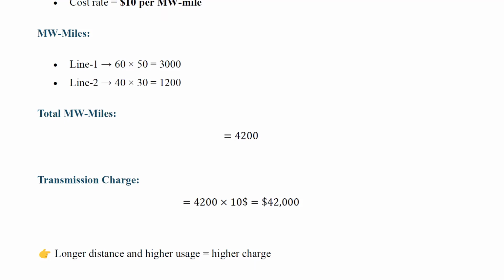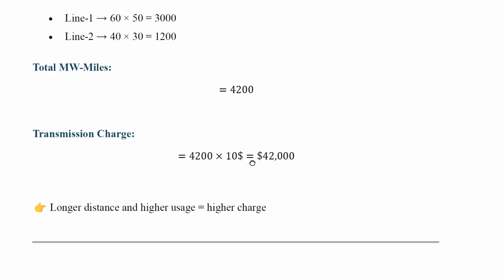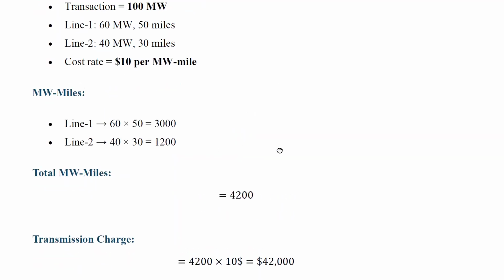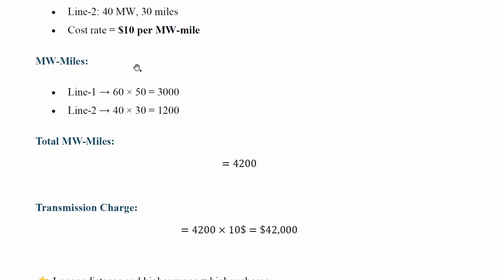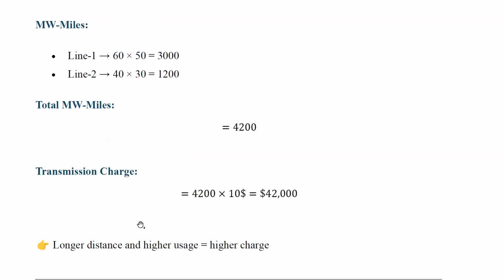If you go for a very short distance and the generation is very small, then you pay less. In that way we calculate the megawatt mile. This is a small example so that you can easily understand.